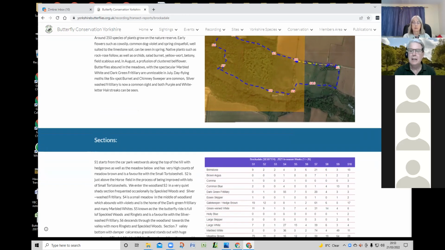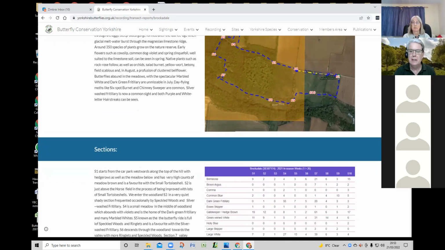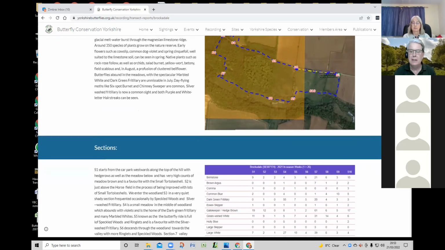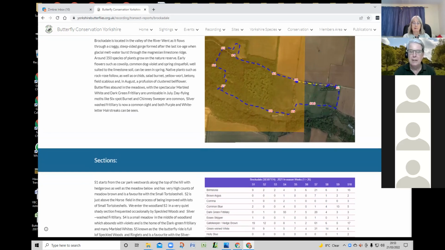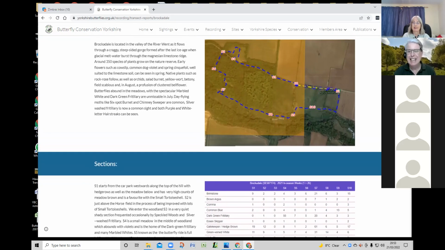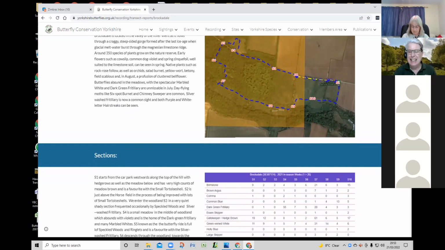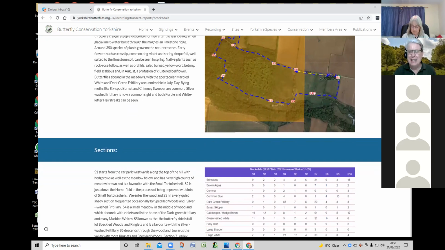So there are pluses and minuses. We can see the advantages of a fixed walk over the long term. But we've got to get used to this new system and somehow try and fit in wider recording in the reserve.